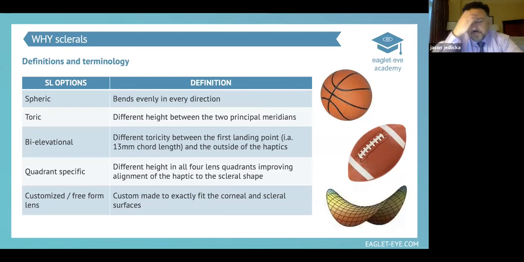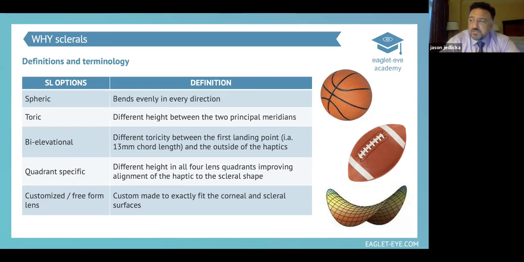We can also talk about some different types of scleral lenses, and as we get better technology, we can do more things with our lenses to better fit the variety of eyes, again, that we might face. We talk about lenses mainly in the haptic or the scleral zone being spherical. And again, this is a situation where each individual curve of that lens is spherical all the way to the edge.